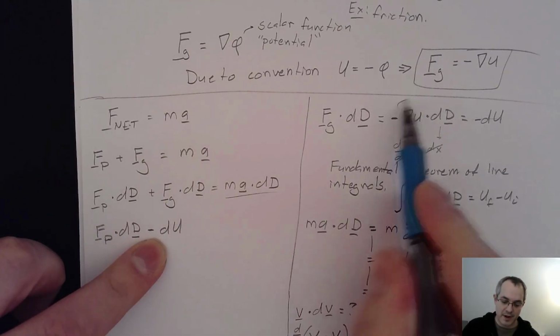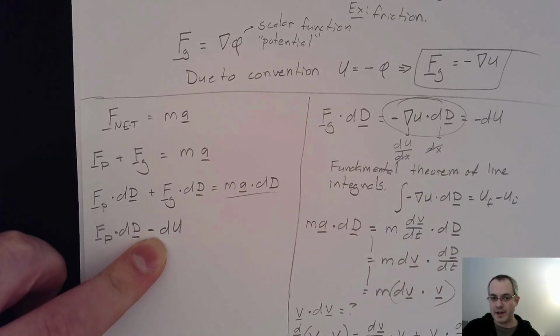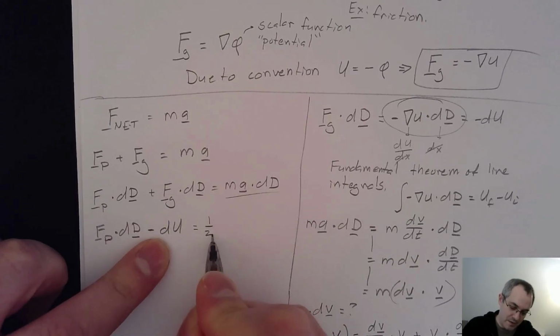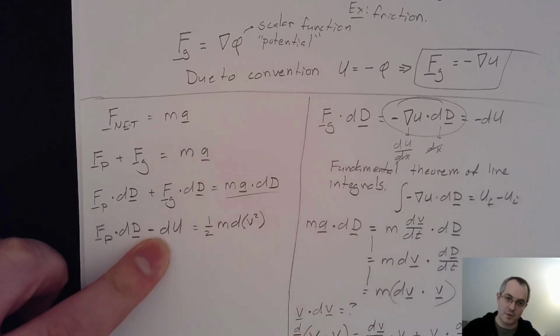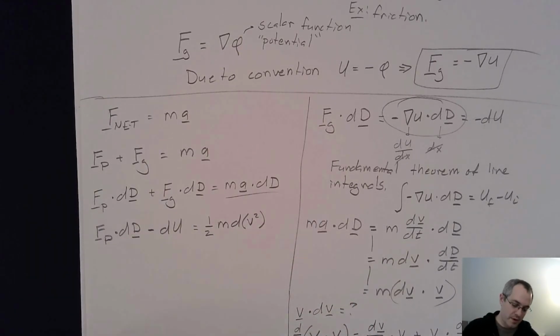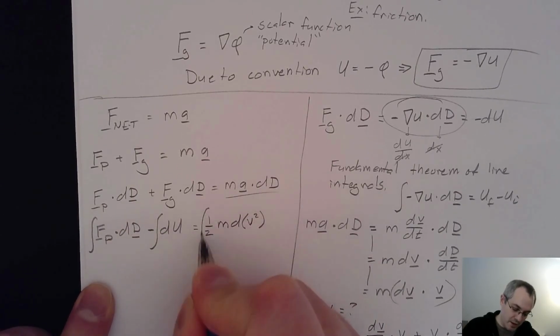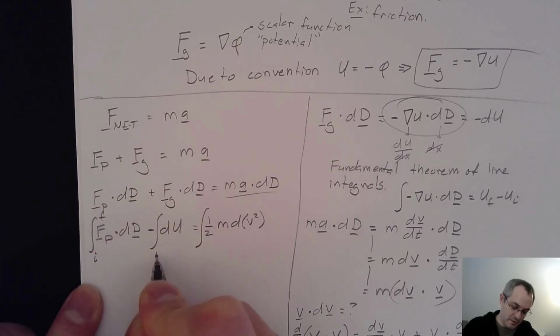Technically we should just be writing that whole thing right there and then use the fundamental theorem of line integrals. I'm going to keep doing it this way. And then this one will be 1/2 m d of v squared. Throw the integrals in. And again, we're going to be integrating from the initial situation to the final situation.